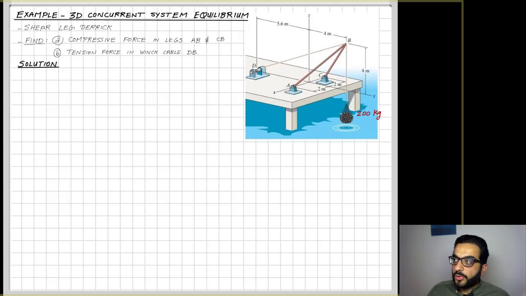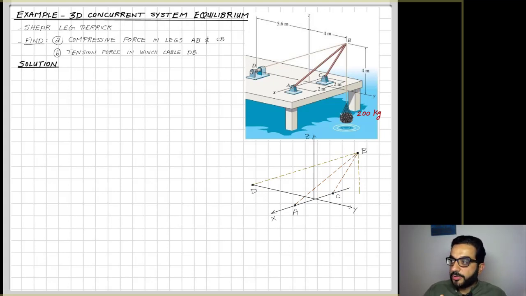But you can see here all the forces are going through one point, which is B. So if I draw the free body diagram, the two members AB and BC meet at the single point B, and also the cable goes through B, so whatever tension force is in it also goes through B. So if I visualize more the forces, draw the forces on B, B is a concurrent system now.